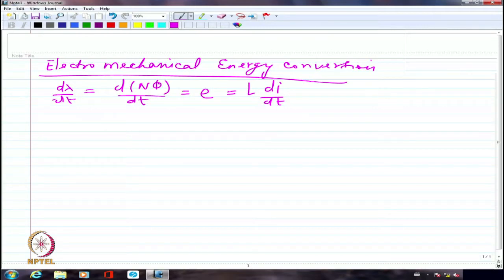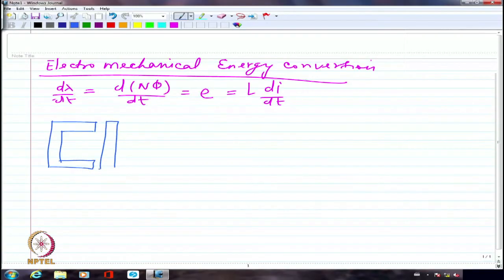So, we considered basically a system somewhat like this. We had looked at a core which is C-shaped, and we also took one more rod-kind of structure which will be attracted by this electromagnet if sufficient current flows through this.